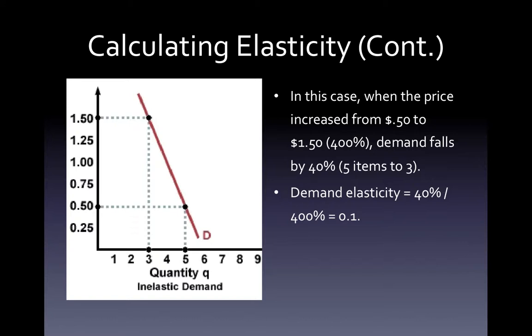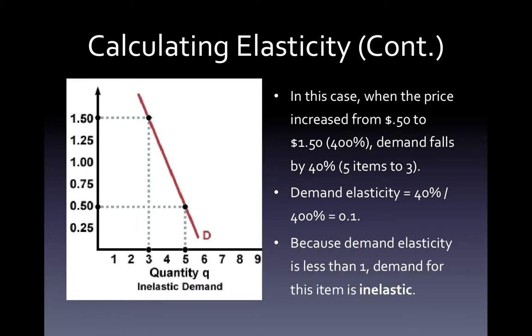So demand elasticity in this case: the price increases from 50 cents to $1.50, that would be a 400% increase. Demand falls by 40%. So the elasticity is 40% over 400% equals 0.1. That's less than 1. And because demand elasticity is less than 1, demand for this item is said to be inelastic.